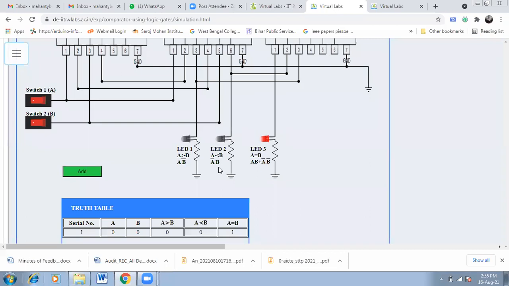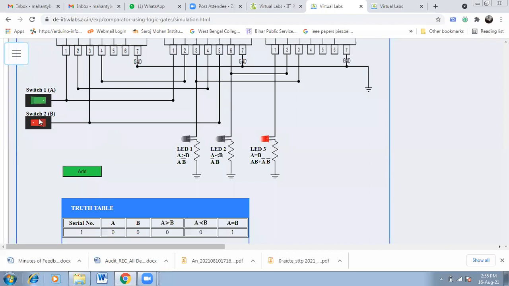Maybe the values are the same, maybe the first one is greater than the second, and in the third case the first one may be lesser than the second one. But in this case, they are equal. So that's why A equal to B, that LED is glowing.